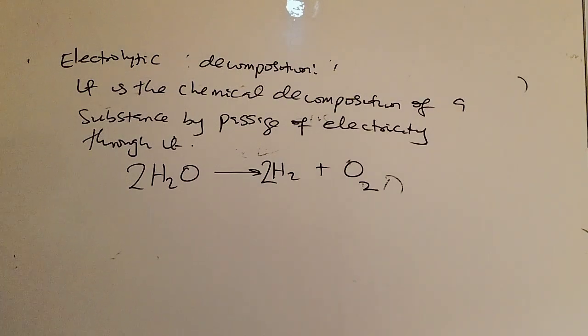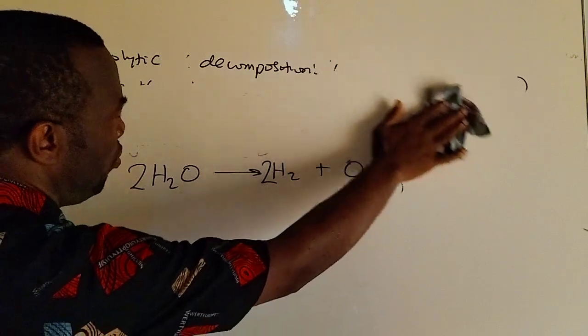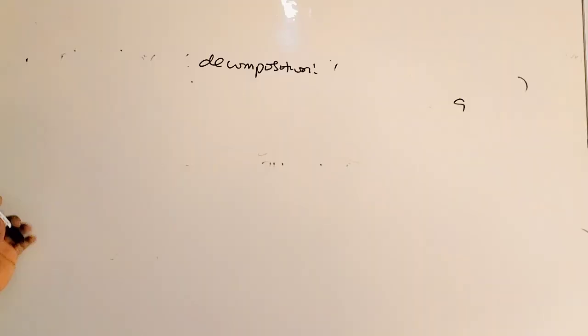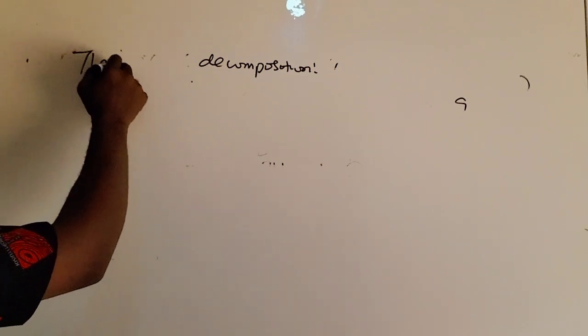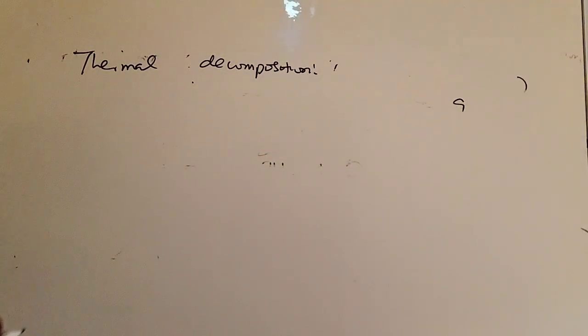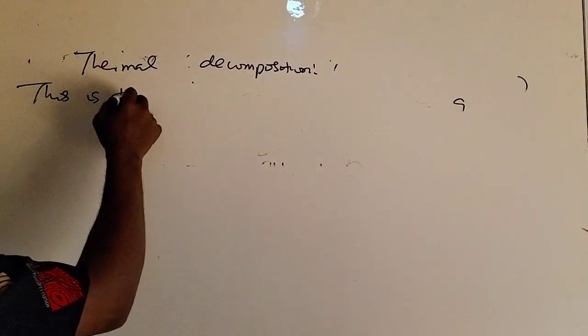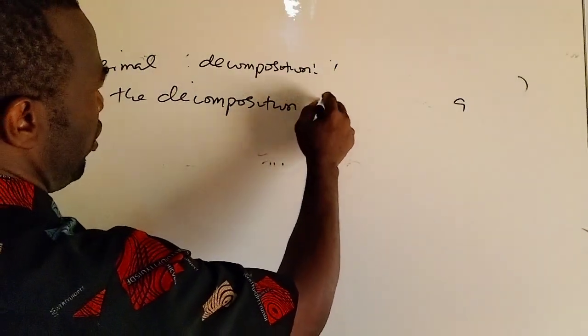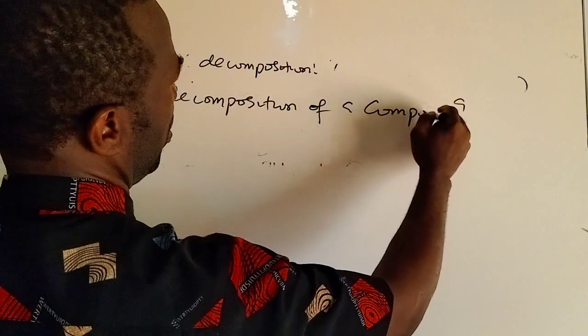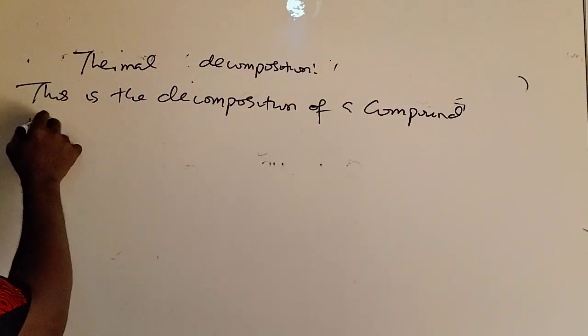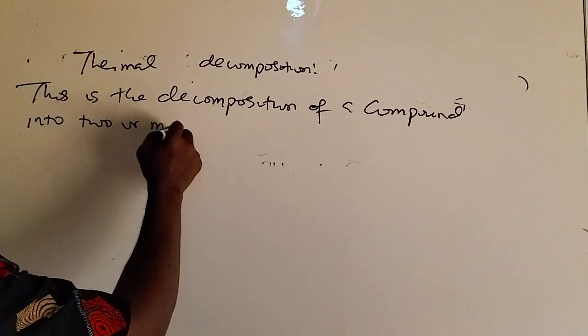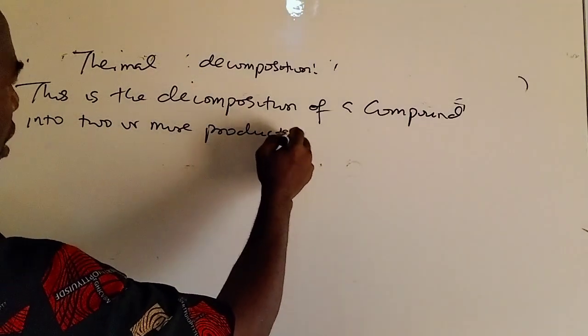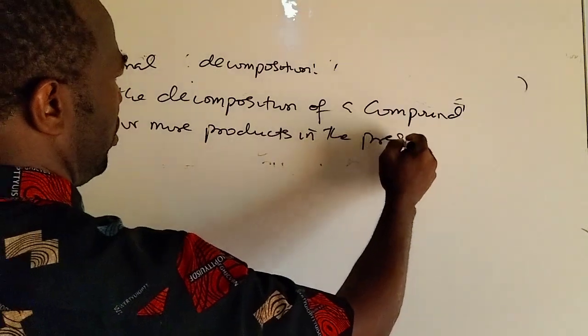Then the third type is the one facilitated by heat or thermal energy, called thermal decomposition reaction, which is the more common type of decomposition reaction. So we say this is the decomposition of a complex substance or of a compound into two or more products in the presence of heat energy.